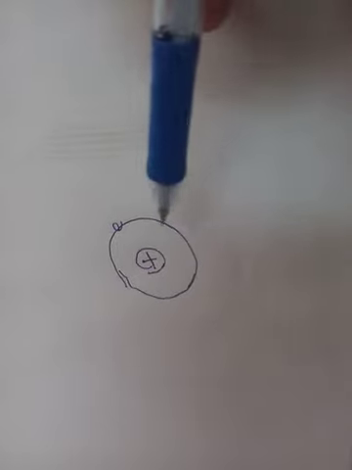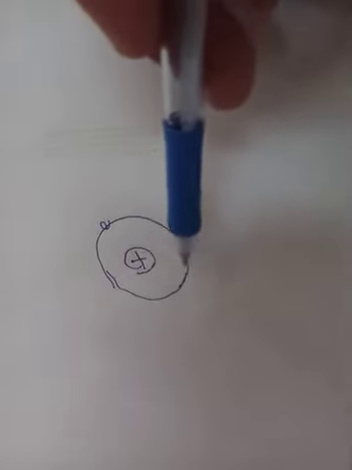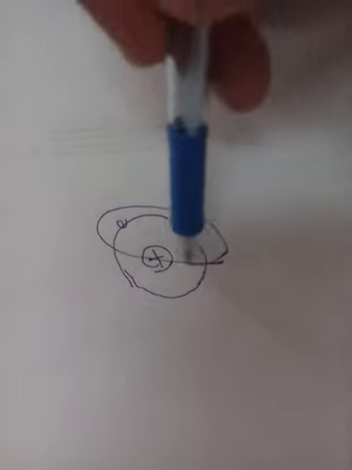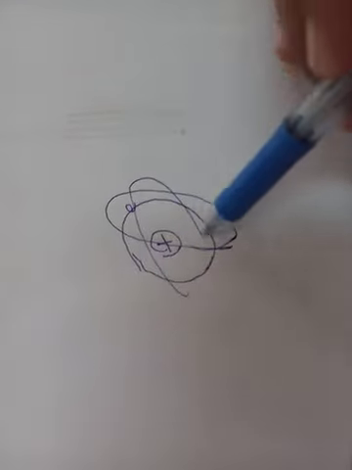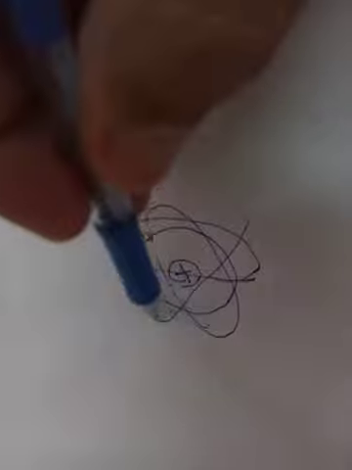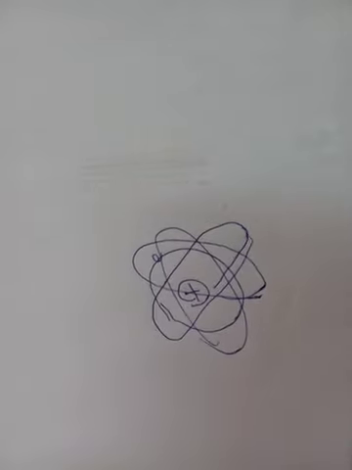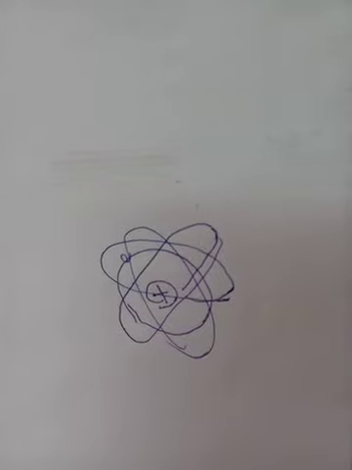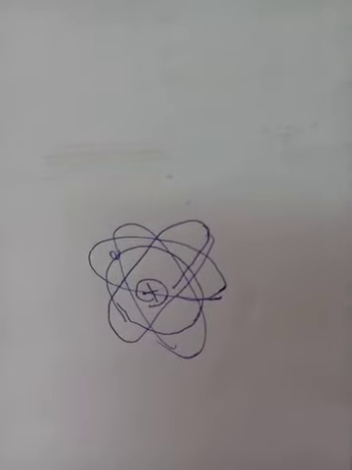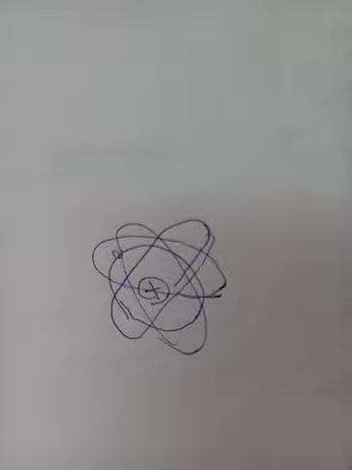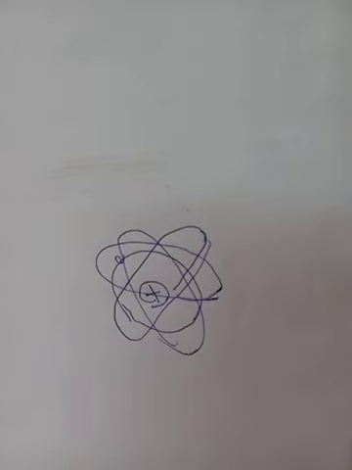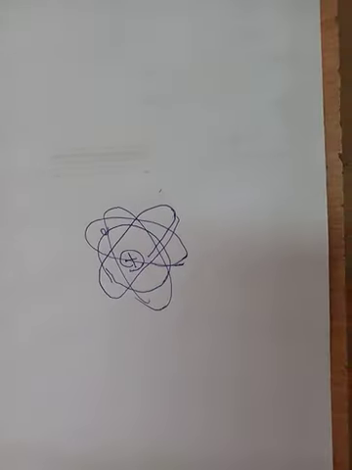This means the orbit is not flat. The electron can revolve in this plane as well, and in this plane as well. So the motion of the electron around the nucleus is not unidimensional; the electron can revolve in 3 dimensions, anywhere around the nucleus.